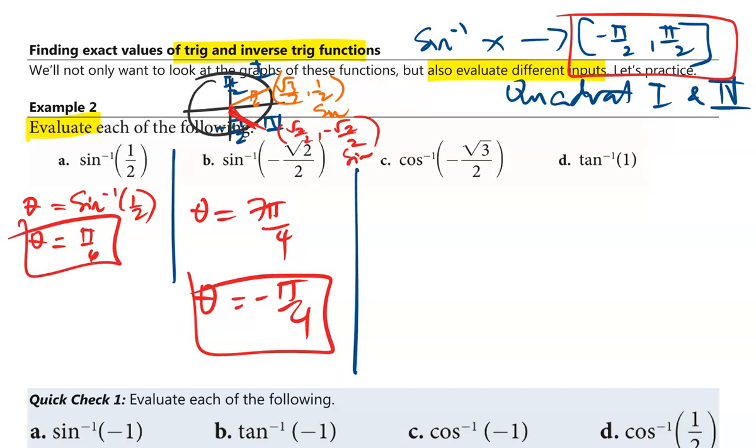Okay, then letter C, inverse cosine of negative square root of 3/2. This is cosine, so we are looking for an angle in the interval from 0 to pi with a cosine value of negative square root of 3/2.